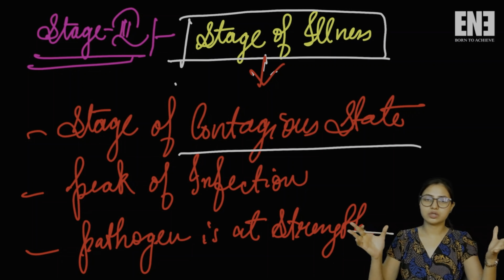See, आपका एक graph भी है which I'll be showing you in this. See, while I'm writing with this, first is your incubation period, stage 1, followed by stage 2, prodromal period, followed by stage of illness or stage of highest infection, stage 3, then stage 4, convalescent stage.